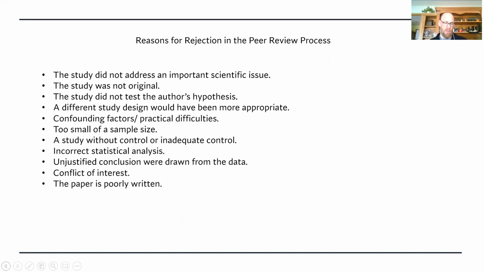Maybe there were confounding factors and practical difficulties that led to the data being essentially corrupted or very difficult to interpret because of factors that were not well controlled. A very simple example of that would be testing strength.